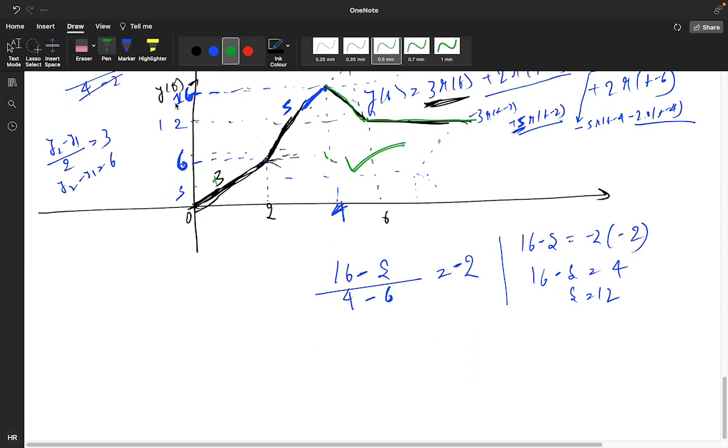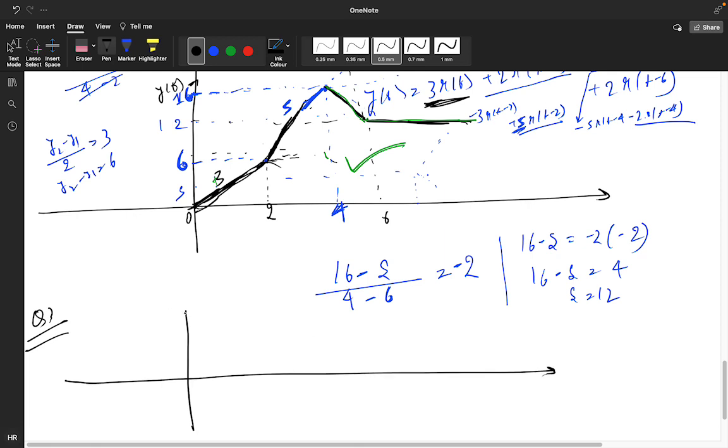The next question is question 3. This is the 3rd question, and this is your x of t.